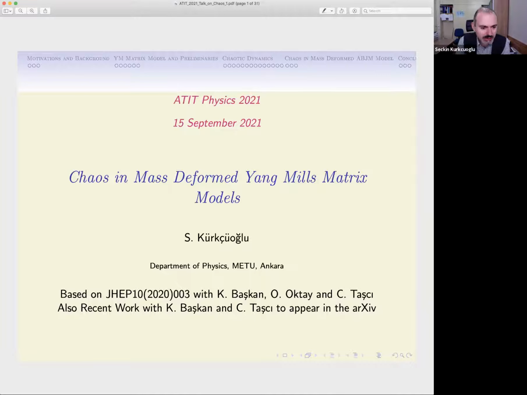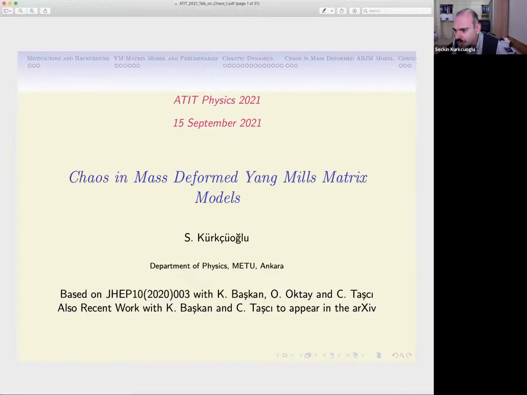The title of my talk is Chaos in Mesh-Deformed Yang-Mills Matrix Models. It is going to be related to a recent work that I have been performing together with my students. The bulk of the talk will be based on a recent paper that I have written together with Kaan Başkan, Onur Oktay, and Cankut Taşçı.